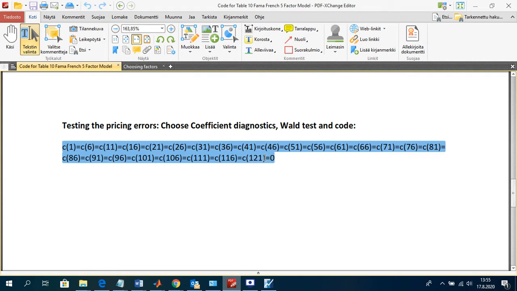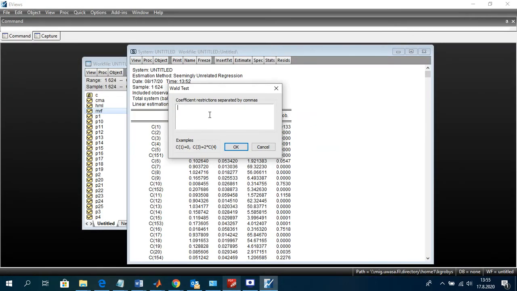And what should the value be under the null hypothesis? Under the null hypothesis, it should be 0. All of them should be 0. So let's copy this, and paste it in our Eviews wizard. Now we have formulated our null hypothesis. All of these should be 0 under the null hypothesis.